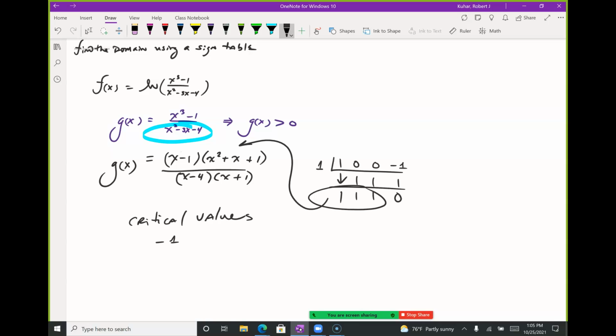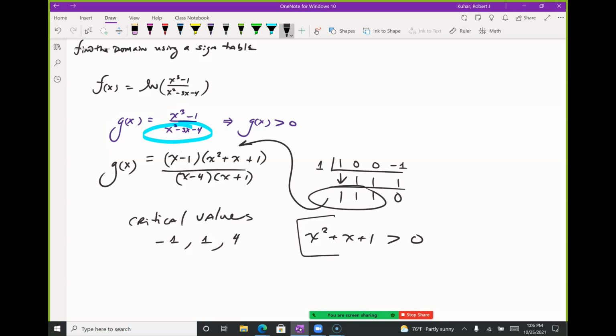Of -1, +1, +4. I know for sure that x squared plus x plus 1 is never greater than 0, right? So there's no roots to that. The roots are complex. So the only critical values, the only times the numerator or denominator are 0, are at those 3 values.